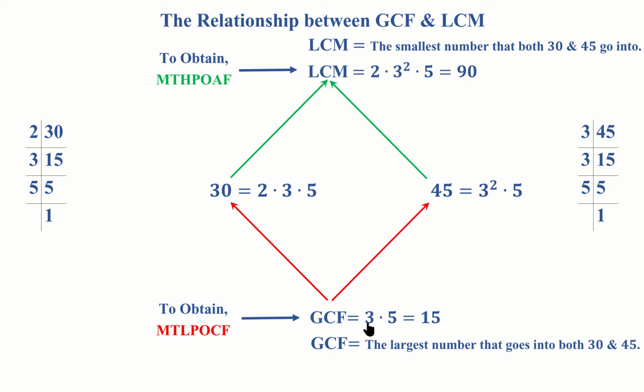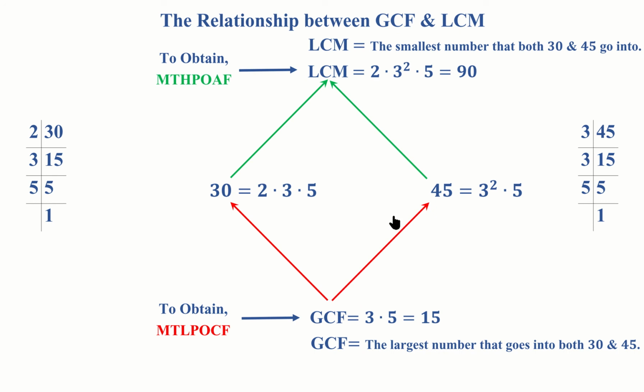So you have to have only common factors in here, and you also want the lowest power, because otherwise, again, if you took the higher power, let's say you took 3 squared instead of 3, notice then it wouldn't go into this number. So that's why you have to have the smallest power of only the common factors.